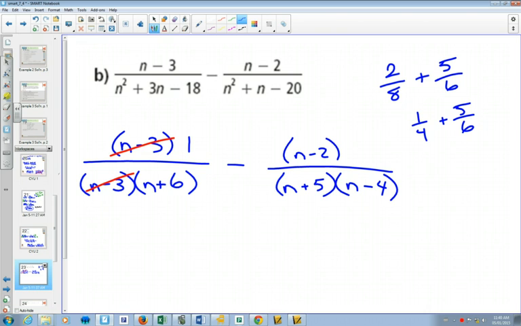Now, I can't simplify anything in the second fraction because there's nothing identical there. But now when I look at what's missing, this one's still missing n plus 5 and n minus 4. So you're going to need to multiply the top and bottom by that. Now this one, it's only missing the n plus 6.